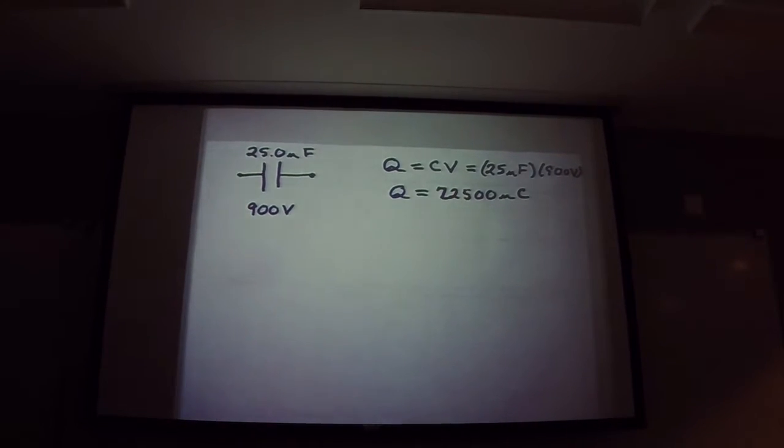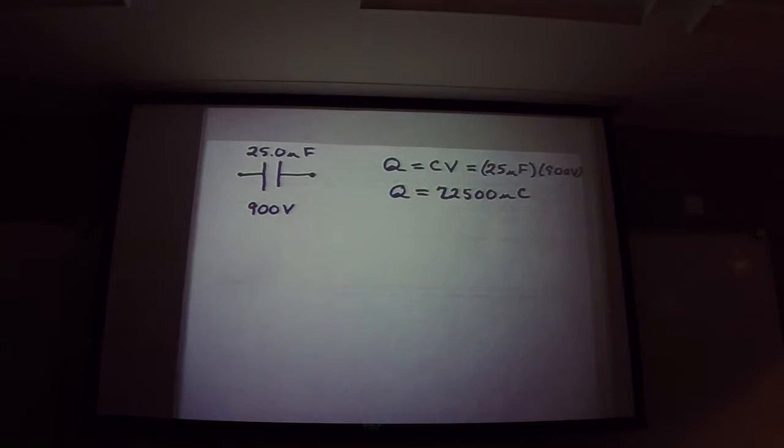All right. Now, there's one thing that they don't tell you. They then disconnect this from the 900 volts before connecting it to the other one. Because if they just connected it to the other one, then the other one would just get 900 volts, and that would be that. You wouldn't get your charge from the capacitor. You get it from the battery. Everything would have 900 volts, and everybody would be happy. Okay? But that's not the way it happens.